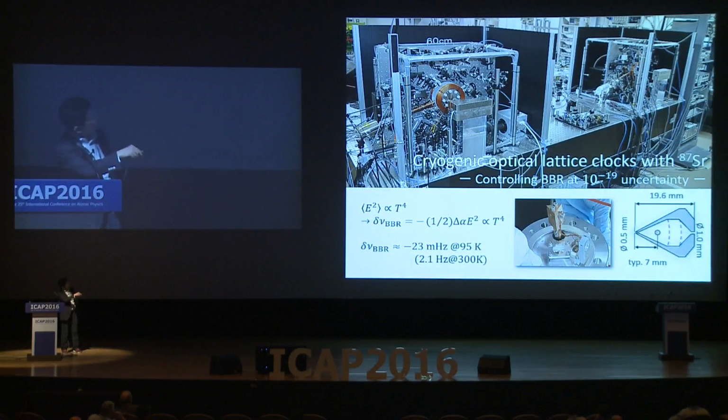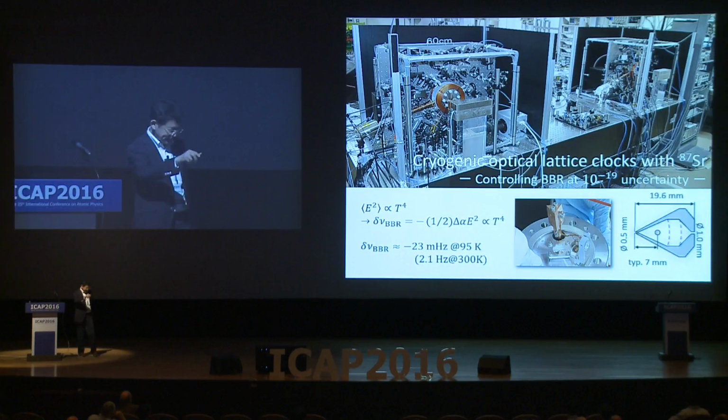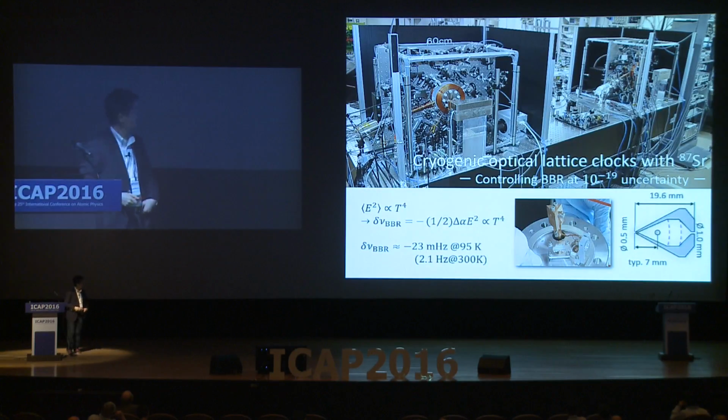For that purpose, we built 2 clocks on the same table because relativistic redshift is problematic in the long run. And we prepared a tiny chamber of a few cubic centimeters to put the atoms inside through a small hole. We cool down the chamber with a Stirling refrigerator, which is also a very compact refrigerator, and reduce the blackbody radiation shift down to the 10 millihertz level.